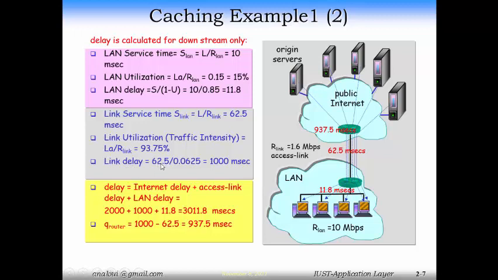So let me calculate the delay of this link. If I divide 62.5 milliseconds by 1 minus u, where the utilization is 0.9375, so 1 minus u is 0.0625, I can see that the delay of this link is 1000 millisecond or 1 second.